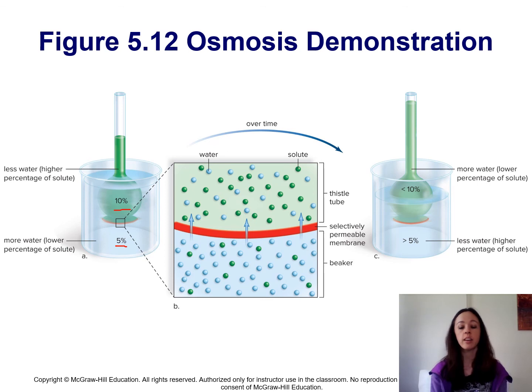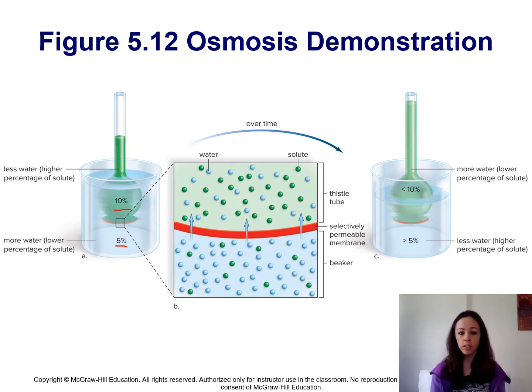This gives us a 10% solute concentration in our thistle tube and a 5% concentration of solute or salt within our beaker. Another way of thinking about this is that we have 95% of water in our beaker and 90% of water within our thistle tube.